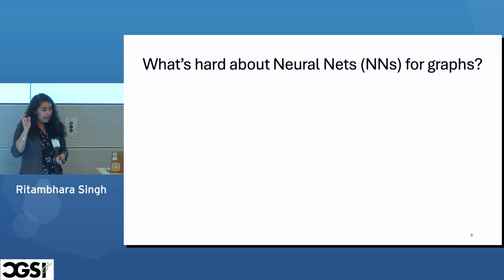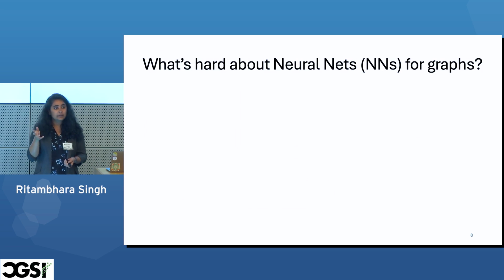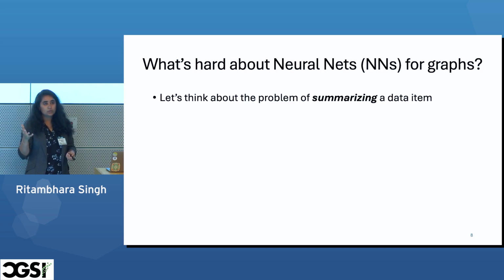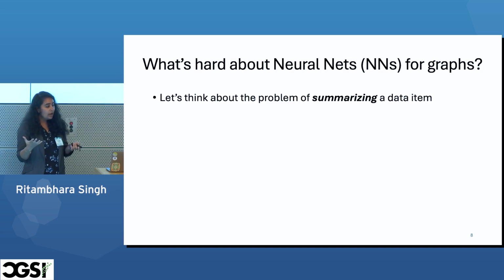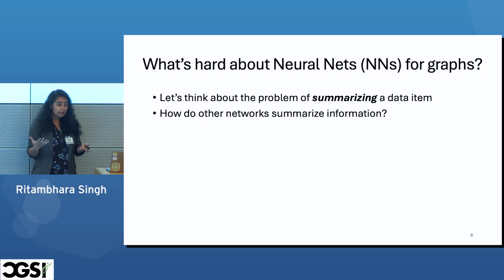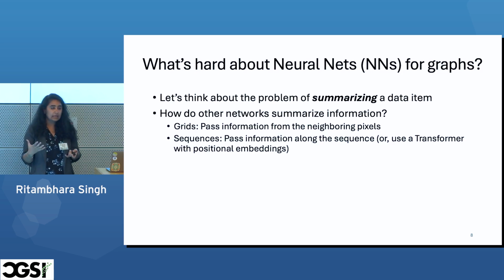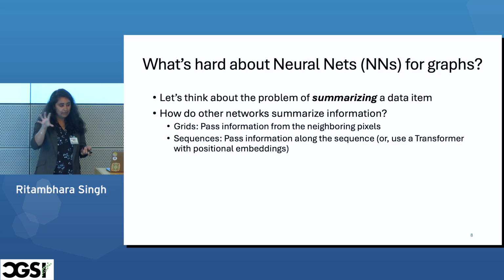So now, why was it difficult to build neural networks for graphs? Well, let's first talk about what these neural networks are doing. They are summarizing information. How do the existing methods summarize information? In the case of grids, CNNs pass information from the neighboring pixels.